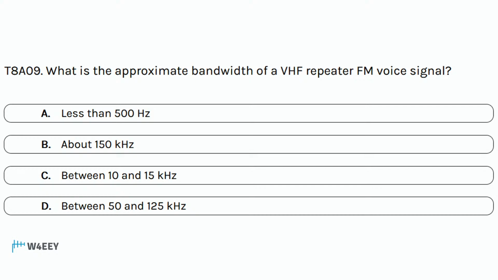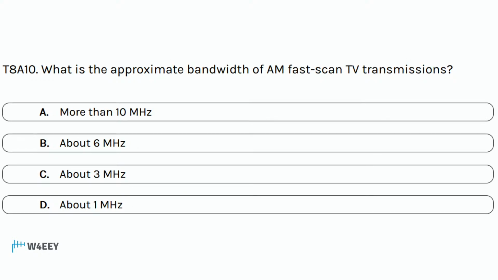Yeah, FM between 10 and 15 kilohertz. And what is the approximate bandwidth of AM fast scan TV transmissions? Think NTSC. Bravo. The National Television Systems Committee, or as we broadcast engineers always called it, never twice the same color.